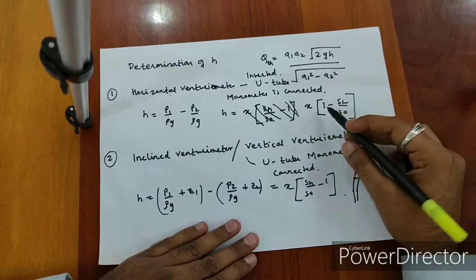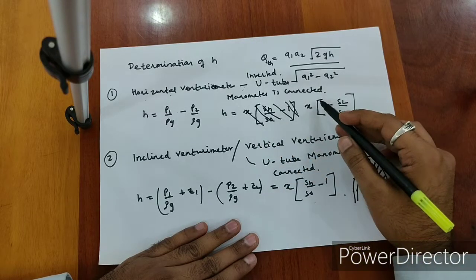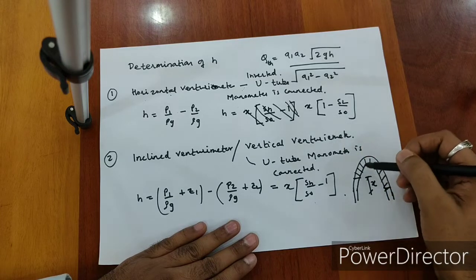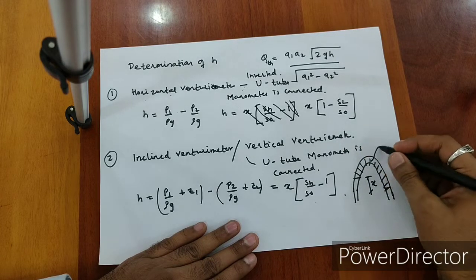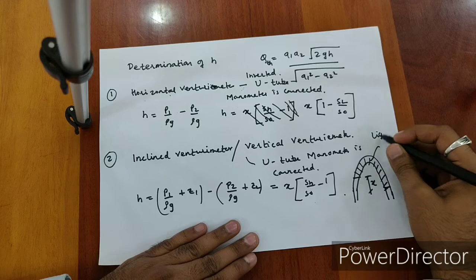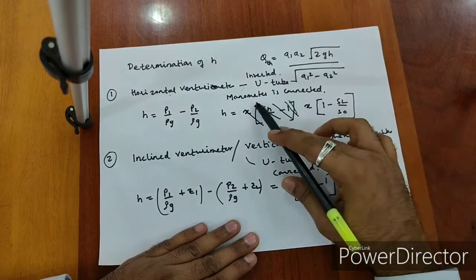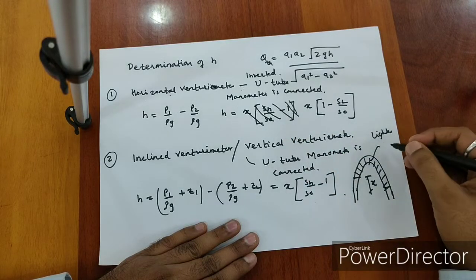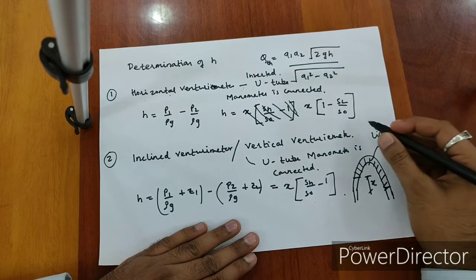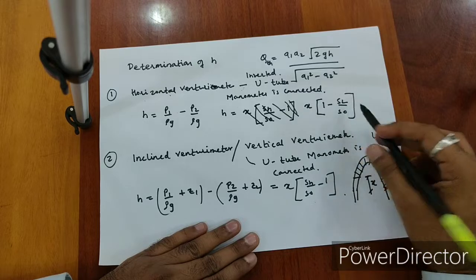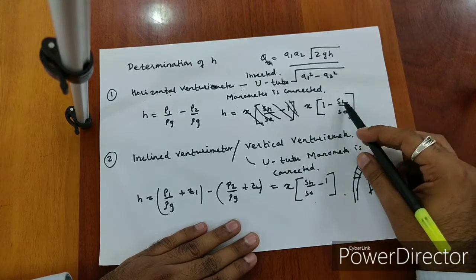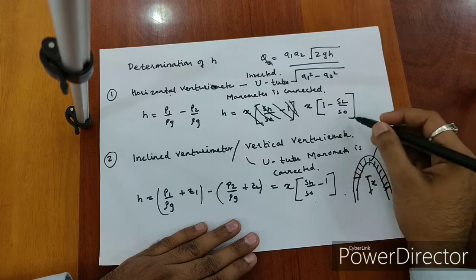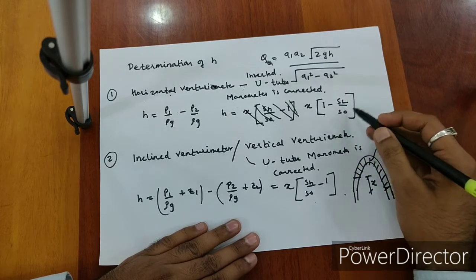So this is the formula, H equal to X 1 minus SL by SO. In case of inverted U-tube manometer, the manometric liquid is lighter, while in case of U-tube it is heavier. We have taken the example of mercury there, but here it will be a lighter liquid, and the specific gravity of the lighter liquid is denoted by SL. SO is the specific gravity of the liquid flowing in the pipe.